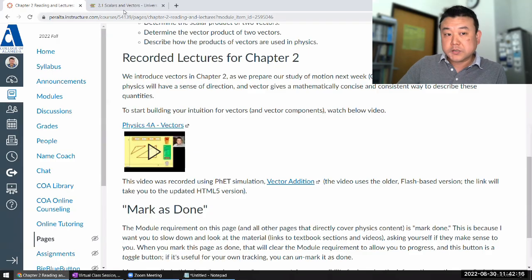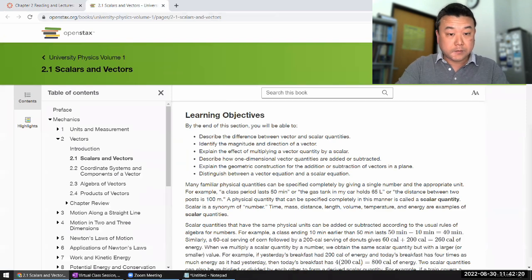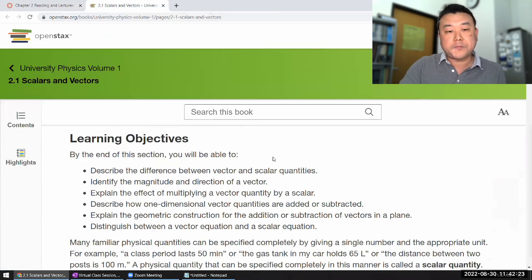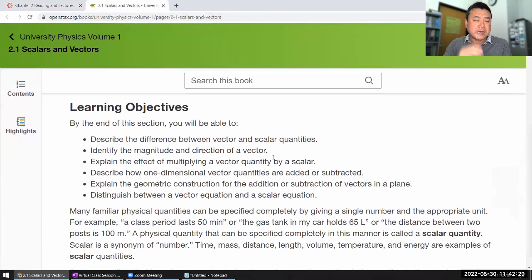So your textbook section, section 2.1, covers most of the things about vectors, the new type of mathematical quantity that we introduce. You might have seen vectors in your other math classes. I have to imagine it's covered in Math 3C for those of you who are already in multivariable calculus. I don't know if it will be covered in earlier math classes.